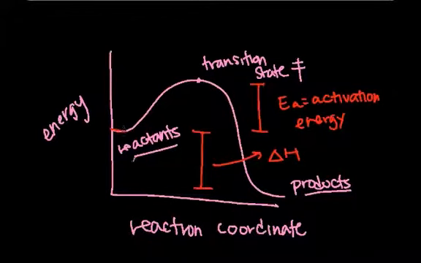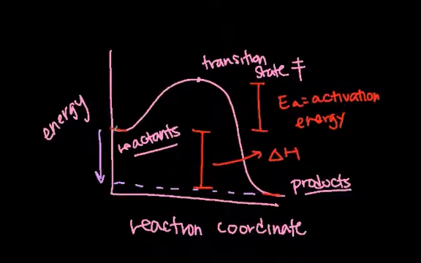Because the reactants are at a higher energy than the products, we can see that this reaction has to be exothermic. You can sort of think of the energy diagram as a roller coaster ride. To get to the top of the hill, you need a lot of energy, but once you're at the top of the hill, you can rapidly fall down into the other side.